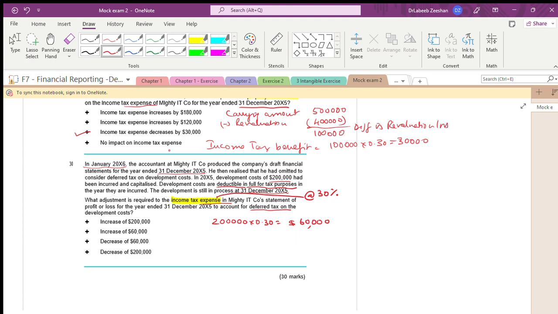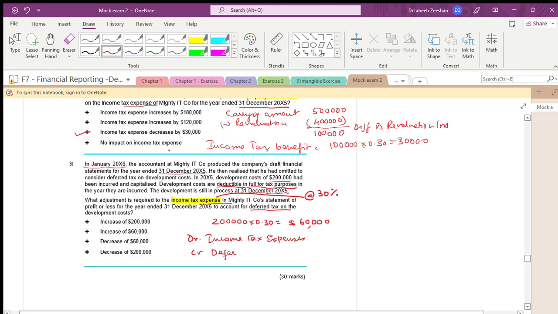Will it be decreased? To be deductible. When it is deducted, see, income tax is always a debit. Is it right? Income tax expenses will always be debit, and deferred income tax will always be a credit. It is a liability. Is it? Deferred income tax is a liability.